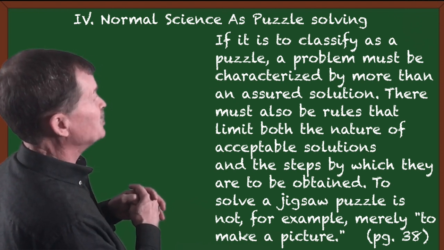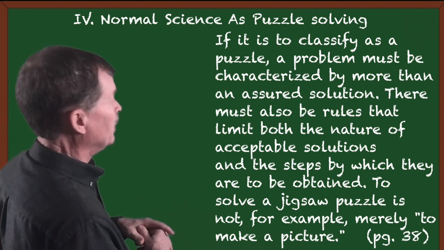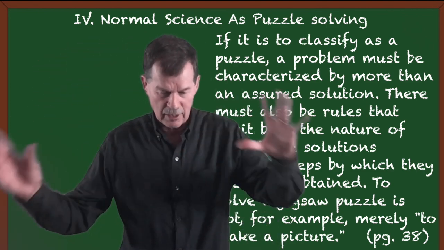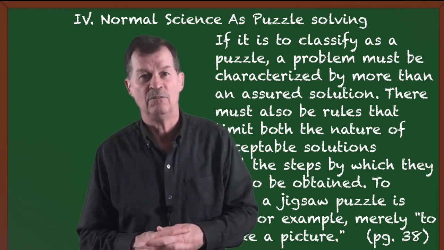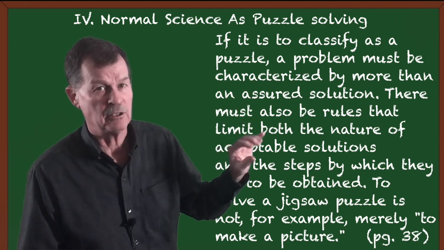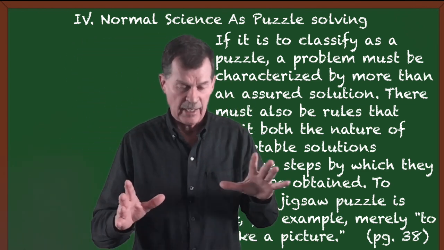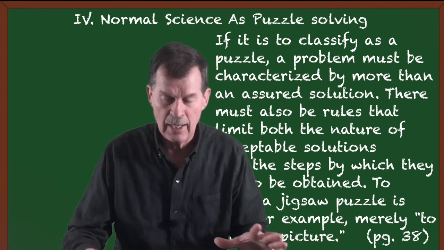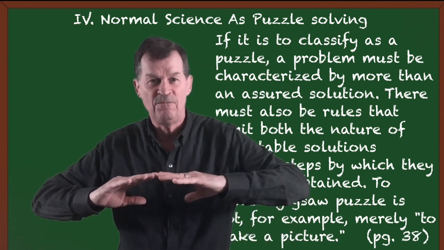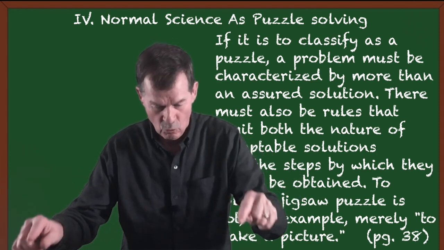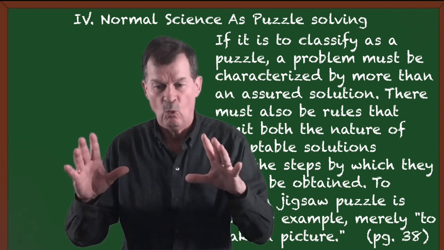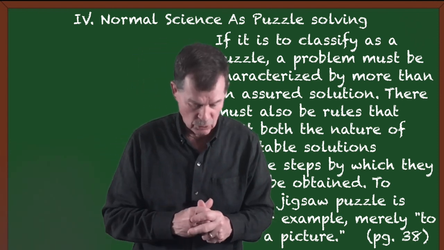To solve a jigsaw puzzle is not, for example, merely to make a picture, okay, to force the pieces all together and make a collage of something that it might be called abstract art. But what he's calling a puzzle maker or a puzzle solver is somebody that puts a puzzle together so that all the interlocking pieces fit neatly together and it forms a picture, an image of what that paradigm is to produce.